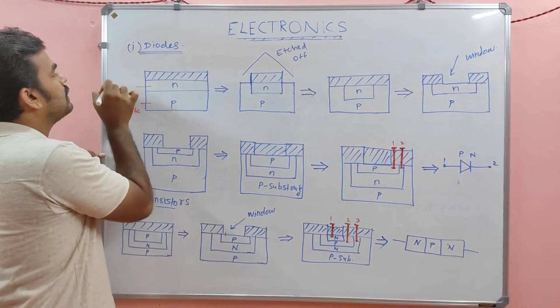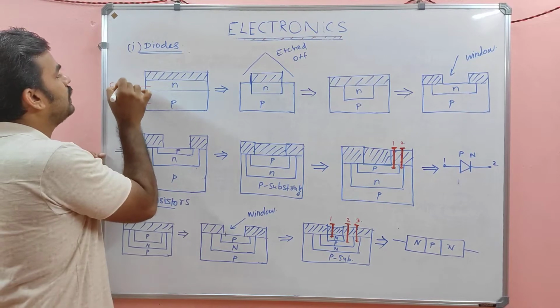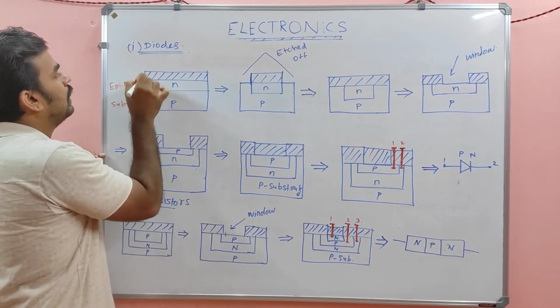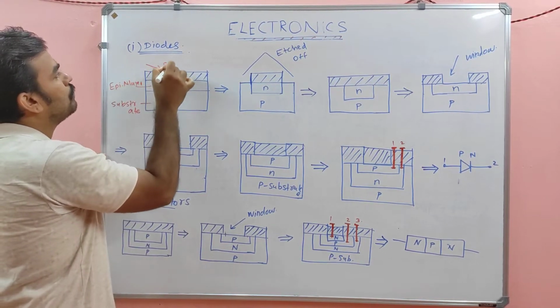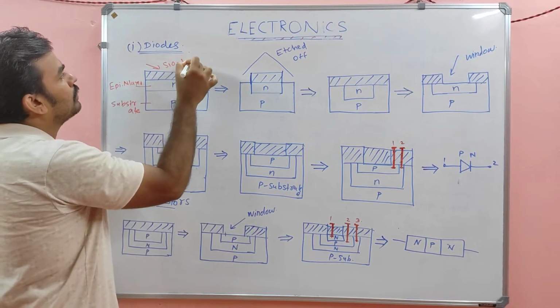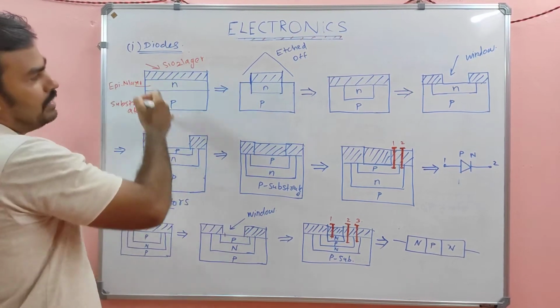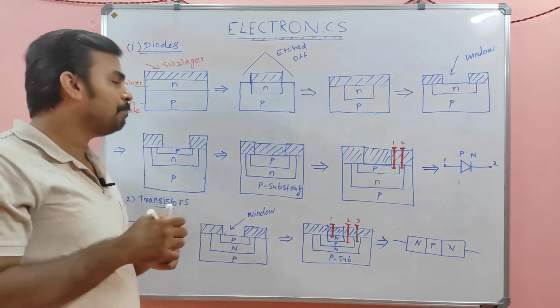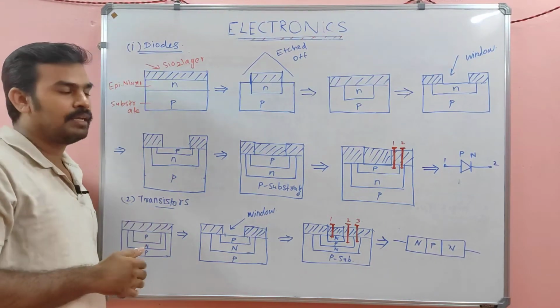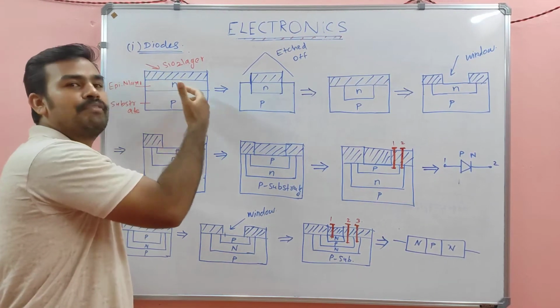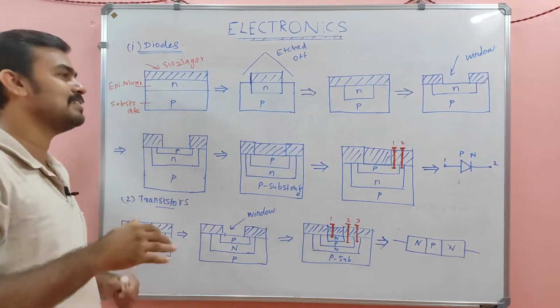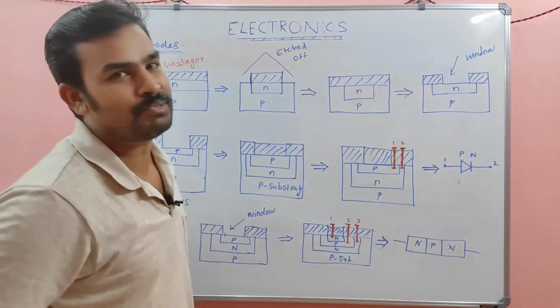This is the epitaxial N layer, and this is nothing but, my dear, SiO2 layer. So this we already discussed. Up to this we already discussed how we arrived at this step. Okay, so from that we are going to discuss more.